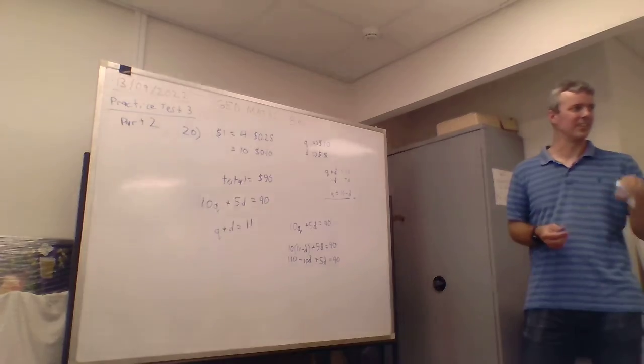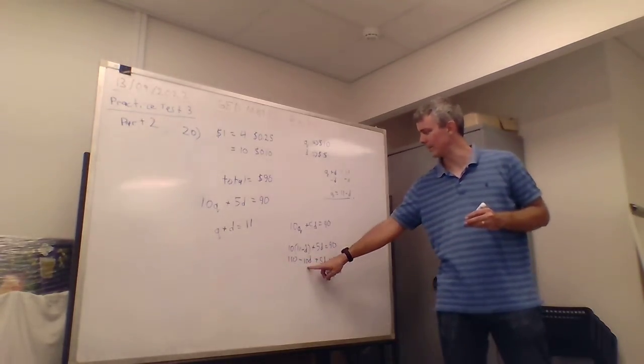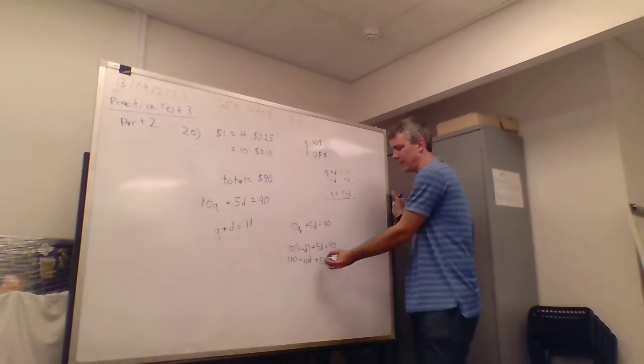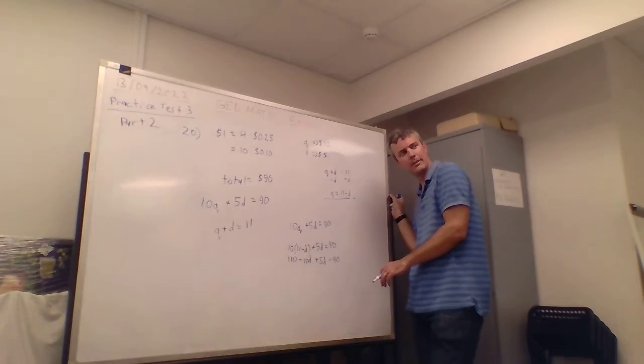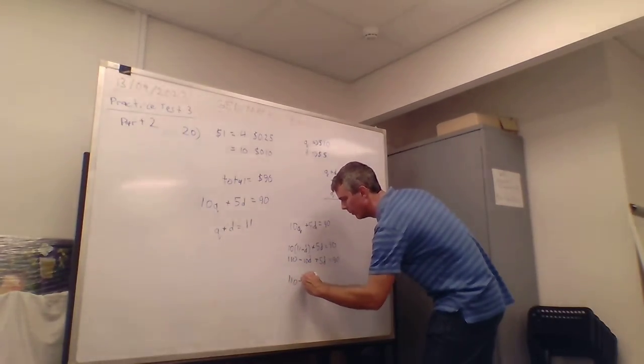I think it's easier to see than the capital D. Okay, so 110 minus 10d plus 5d equals 90. First of all, what's minus 10d plus 5d? Minus 5d, that's right. So we get 110 minus 5d equals 90.